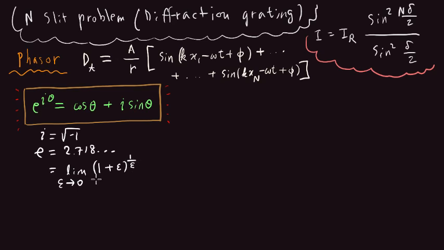It's like this. If the interest rate is 1% per year, and if you deposit $1 and wait 100 years, it will become $2.718. That's basically the meaning of e.